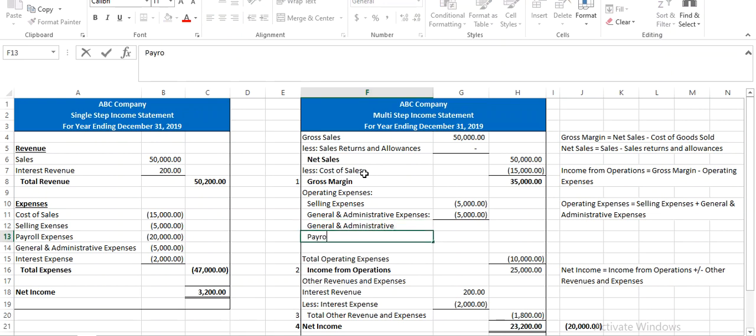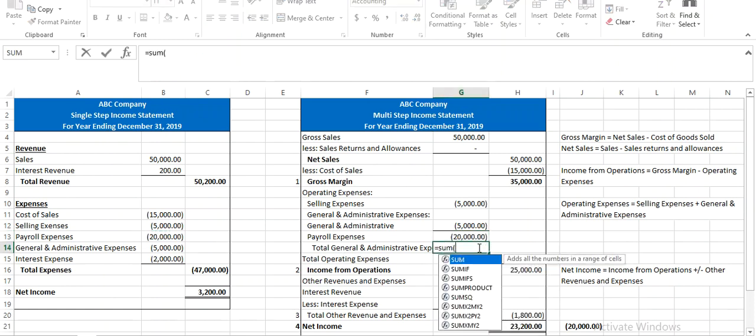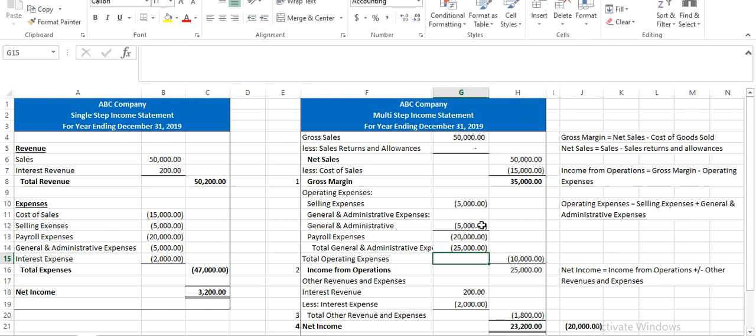And then put payroll expenses and total general and administrative expenses. You could go through the hassle of all of that, and you can just bring these numbers down. Bring this 5,000 here, and for payroll expenses, add the 20,000, and then equals sum of this plus this here.